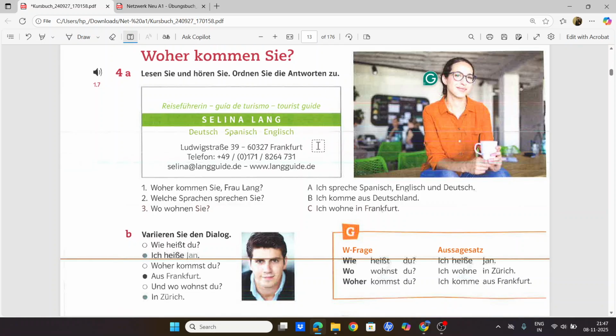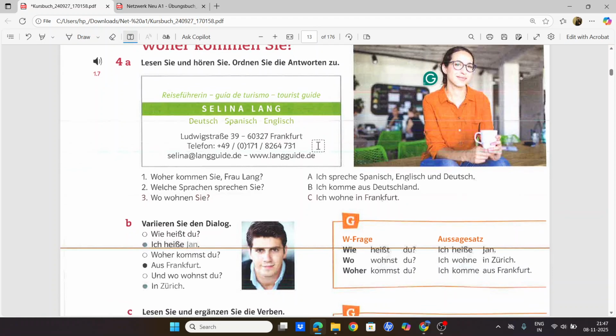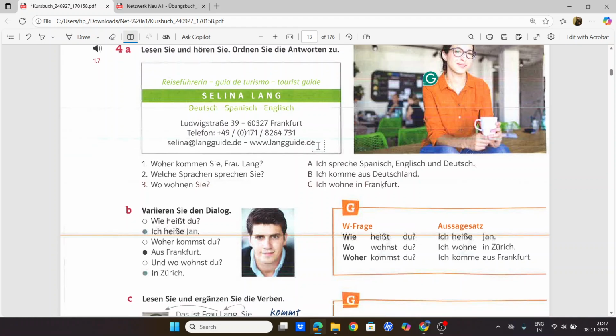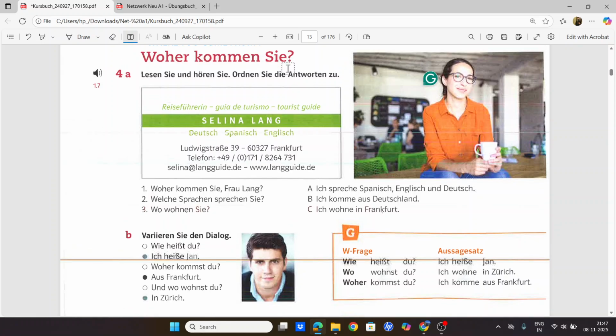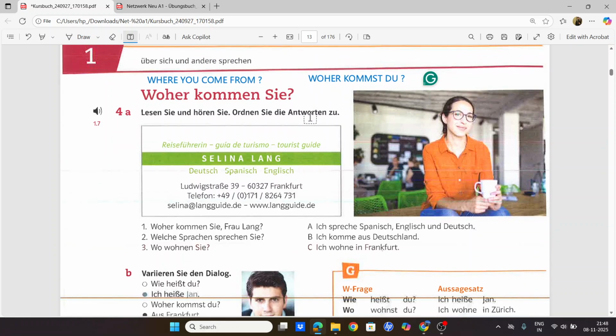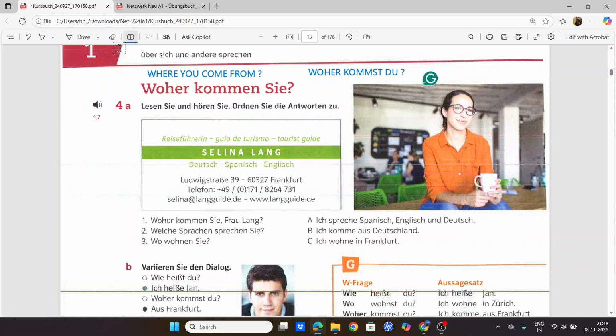Lesen Sie und hören Sie oder nennen Sie die Antworten zu. Antworten means answers. I'm going to help you with the vocabulary also in this. Whatever I'm writing, you should take a copy and pen and make some notes so you don't forget.